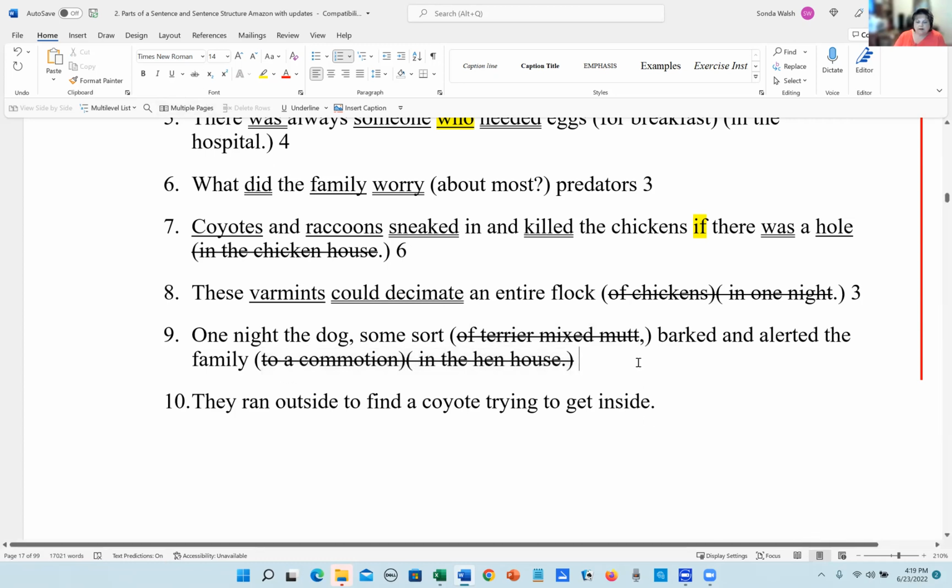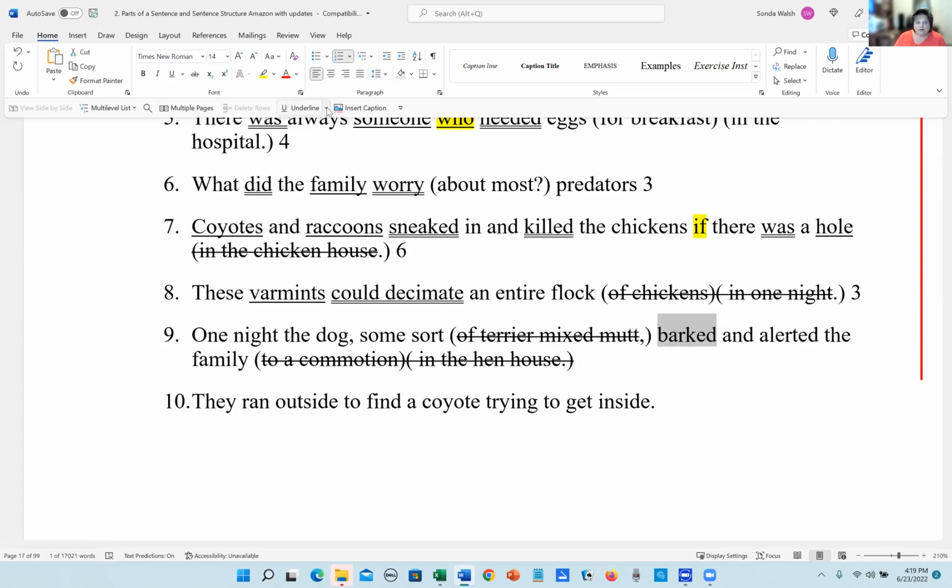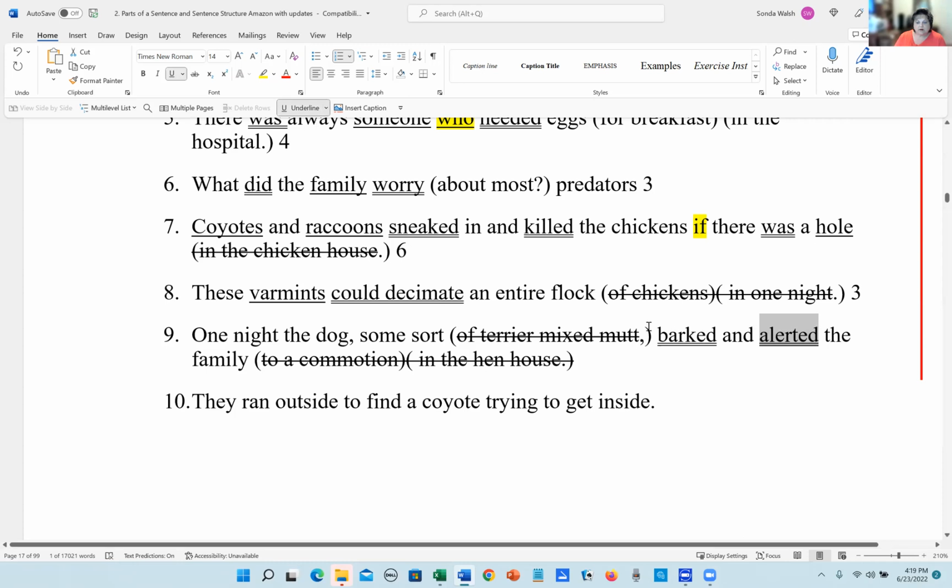Okay, now I am looking for a verb. So I hear 2 ed words. So barked, I'm going to underline that, and alerted. I'm going to underline that. Okay. Now I want to ask myself, who barked and alerted? What barked and alerted? And the answer to that is the dog.